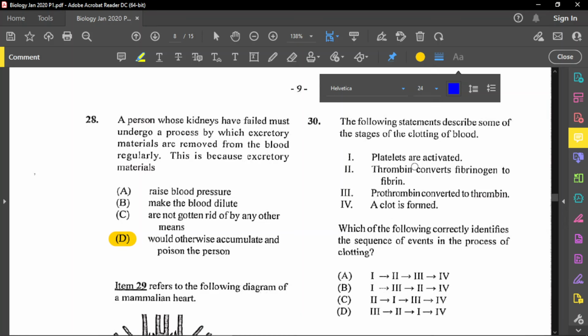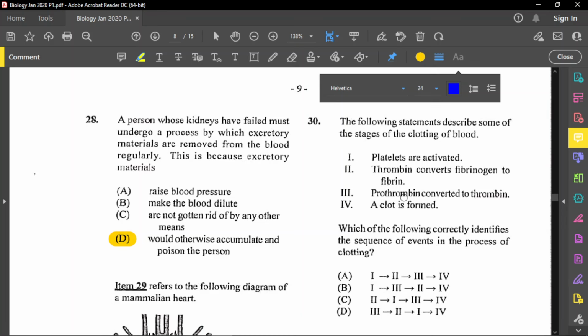But what must happen here is that we must activate what they call blood clotting factors. We activate blood clotting factors, so the platelets must be activated. That's the first thing that must happen there. So our option here must be between A and B. Now, however, if you notice this carefully, prothrombin converts into thrombin, and then the thrombin now converts. That's kind of a giveaway now.